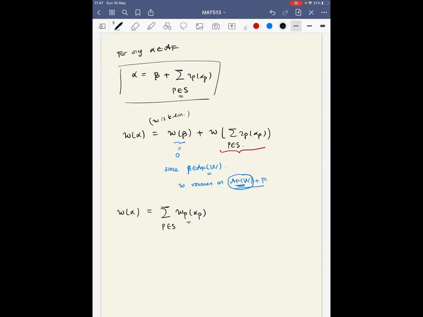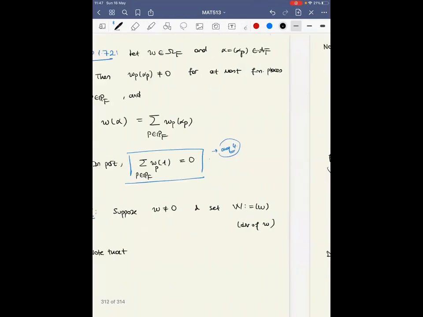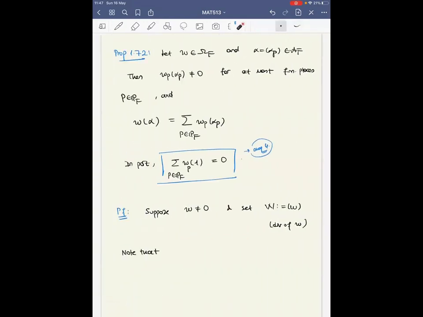So here the thing we need to observe is that, okay, for P in S, for this finite set, we have such an equality, but what happens when we consider the places outside of this finite set? Because we also want to see that for only finitely many places we have a non-zero quantity.